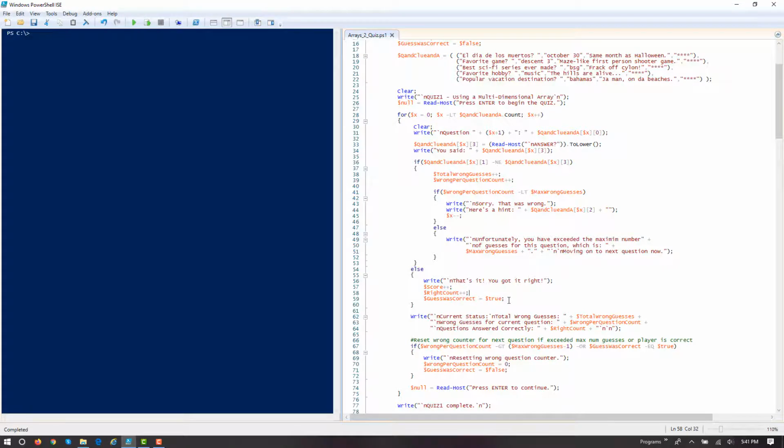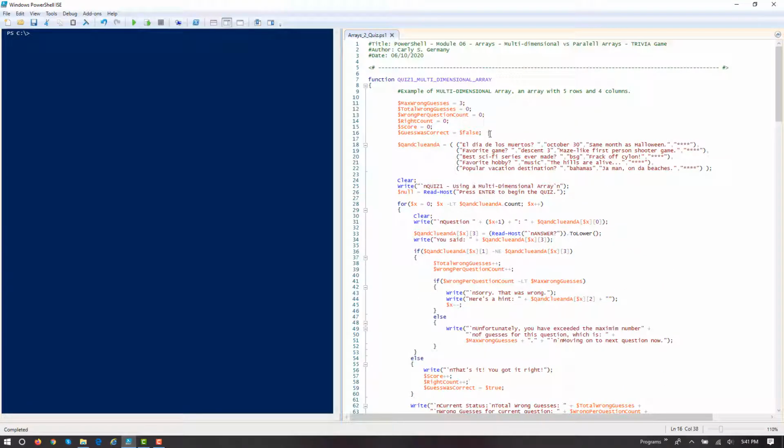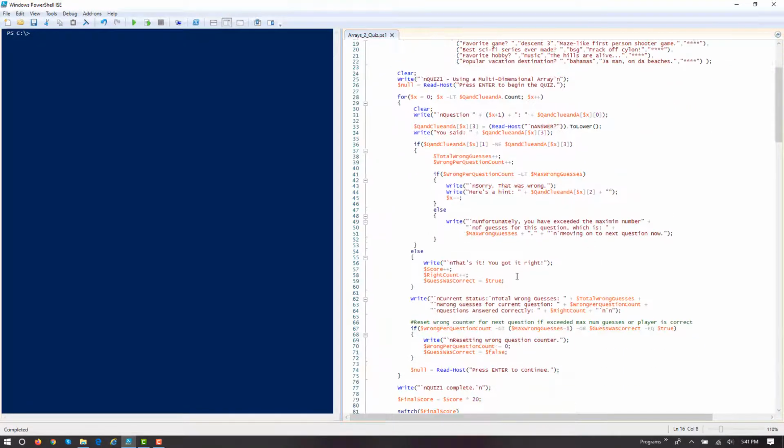And we have a Boolean here. This Boolean starts out as false, but the reason we're using this Boolean is that we need to reset the value of wrong per question count for each new question. Whether they got it wrong and they exceeded their max number of guesses, or if they got it right, when we start the next question, this is keeping track of their wrong guesses per question.